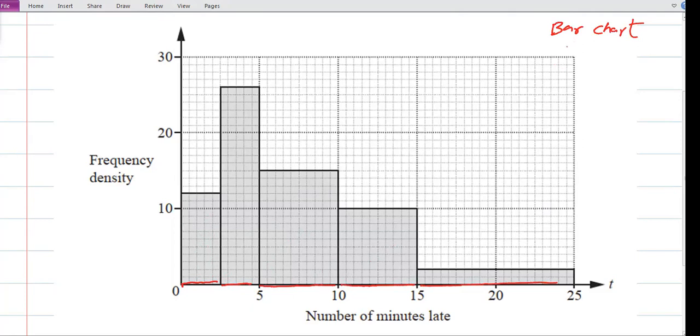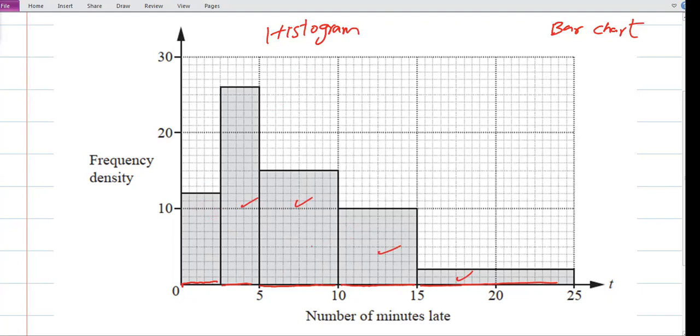In a bar chart, all the bars will have equal width, while in a histogram, the bars may have different widths. You can see this and this have different widths. So the width of the bar can be different.